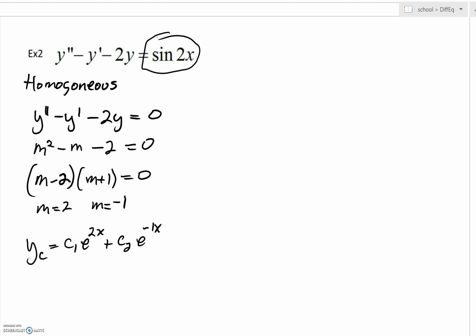Here, we're thinking, wow, when you have a trig function like sine or cosine, what could you assume could be a general solution? And I'm going to make a bold pronouncement right here. Let's assume it's a combination of sine and cosine.